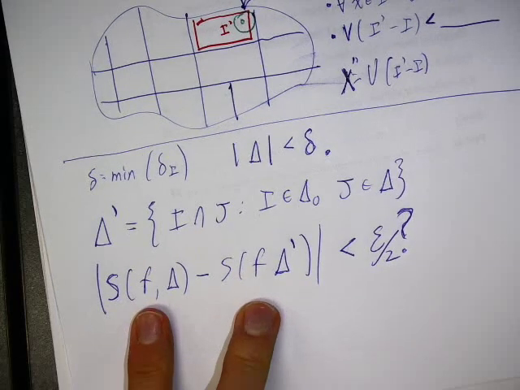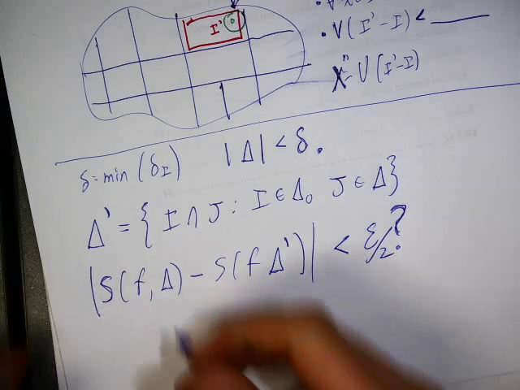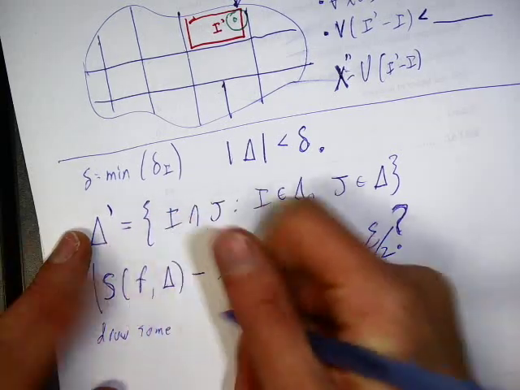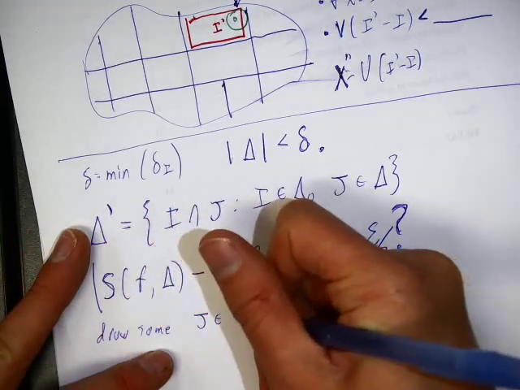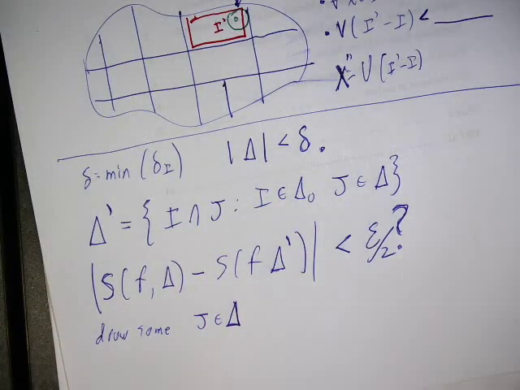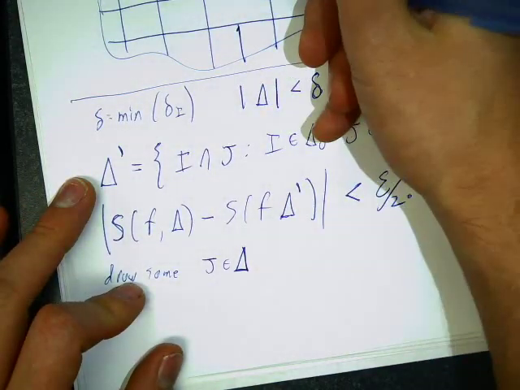Now, if we study this difference, let's draw a picture of an element of delta. So here, let's draw some j in delta. Now, all of these j's have mesh size less than that number, little lowercase delta. So that's something worth remembering.